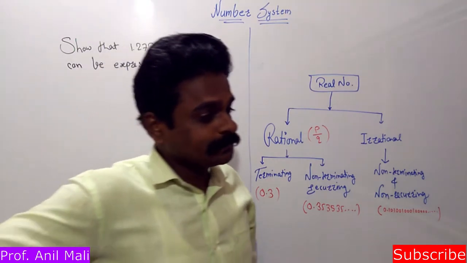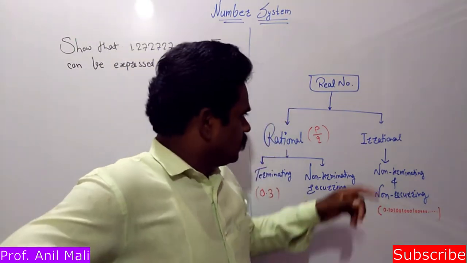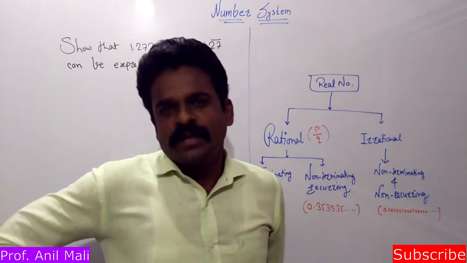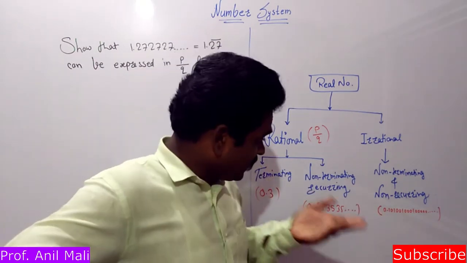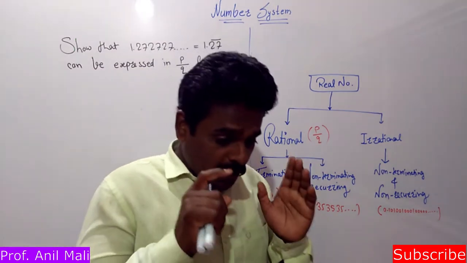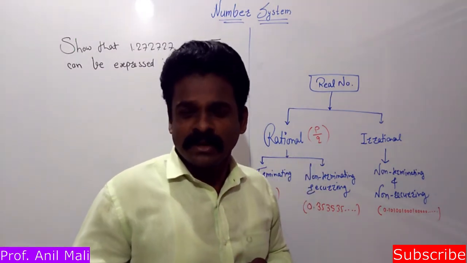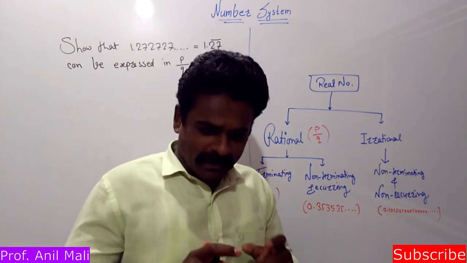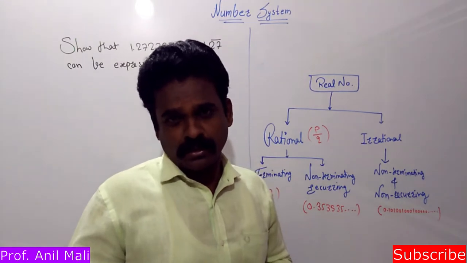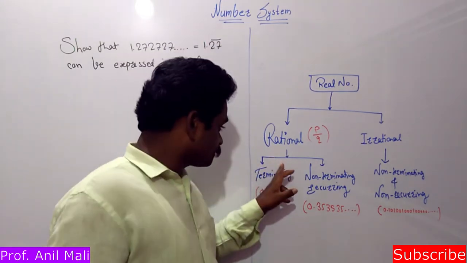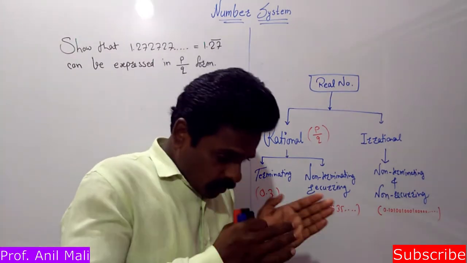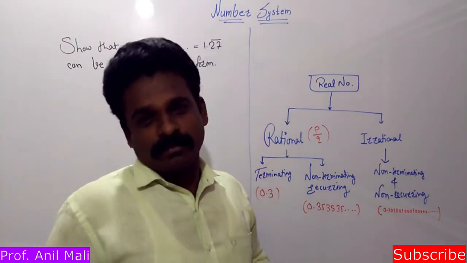Irrational numbers, we can't write in p by q form. And in other words, how do we identify whether the given number is rational or irrational? For that purpose we take the help of fractions, that is, rational numbers themselves represented in decimal form.